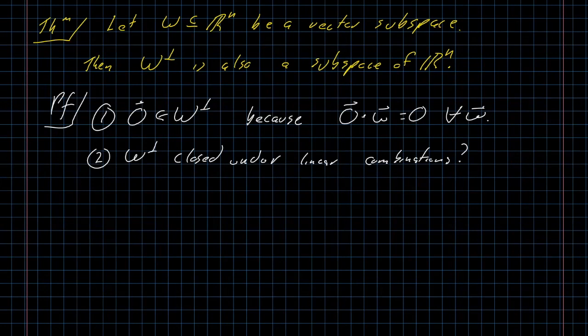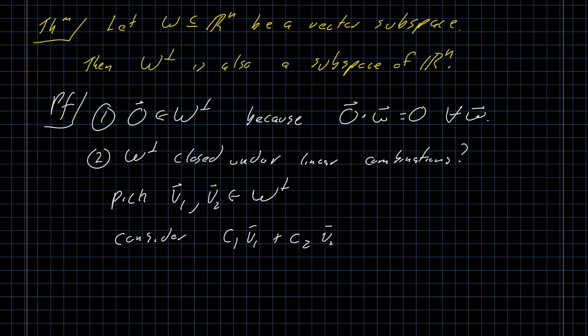The other thing we need to establish is that the orthogonal complement is closed under linear combinations. And that's a little bit more challenging, or at least a little bit more time consuming. Well, let's pick a V1 and a V2 in W complement and consider the linear combination C1 V1 plus C2 V2.